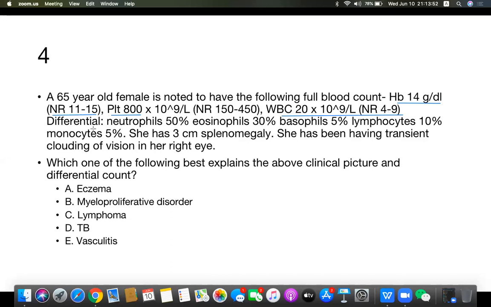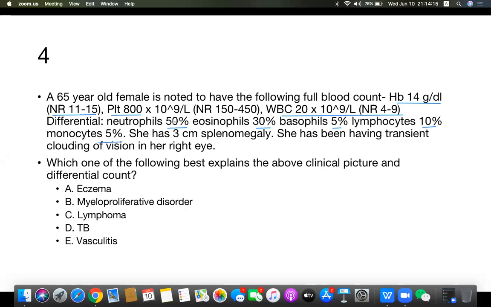They have done a differential count, and that differential count tells us that neutrophil is 50%, eosinophil 30%, basophil 5%, lymphocyte 10%, and monocyte 5%. What does that mean? All cells are increased.